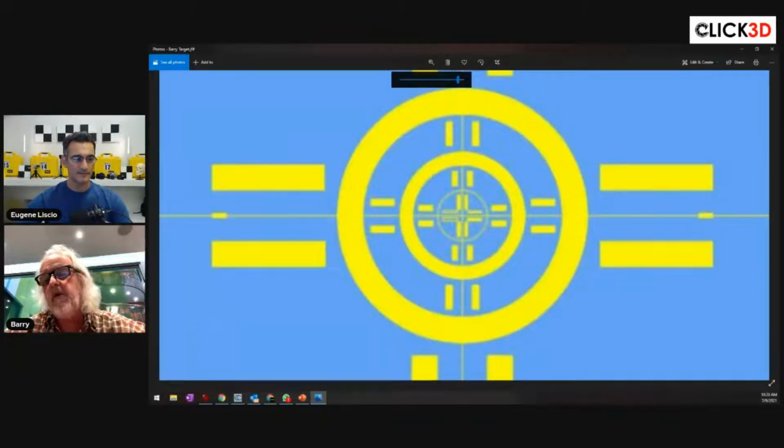So the problem with that is, well, a number of things. First off, if you're trying to shoot a black and white target with a black line, it's very difficult to see. And the other thing is, I've borrowed this from my background in industrial metrology and optical tooling.